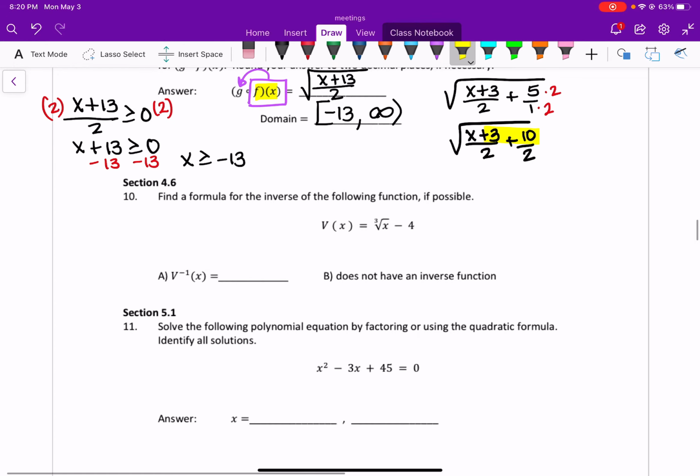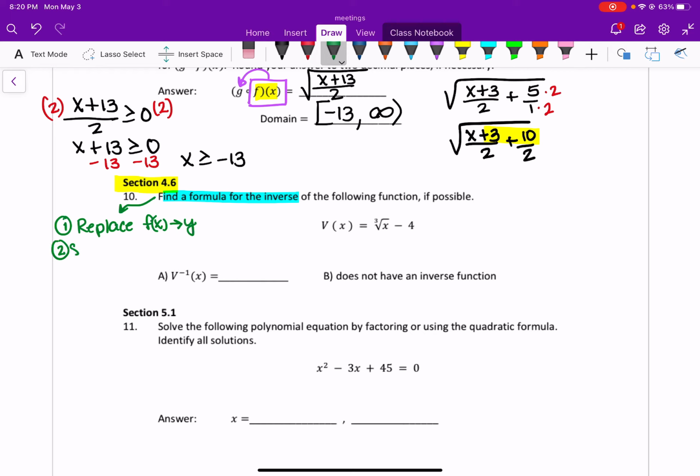All right, section 4.6 is our next one. We want to find the inverse function. So remember, when we're finding the inverse function, there are 4 steps that we have to take in order to do this. Number 1 is we replace the f of x with y.